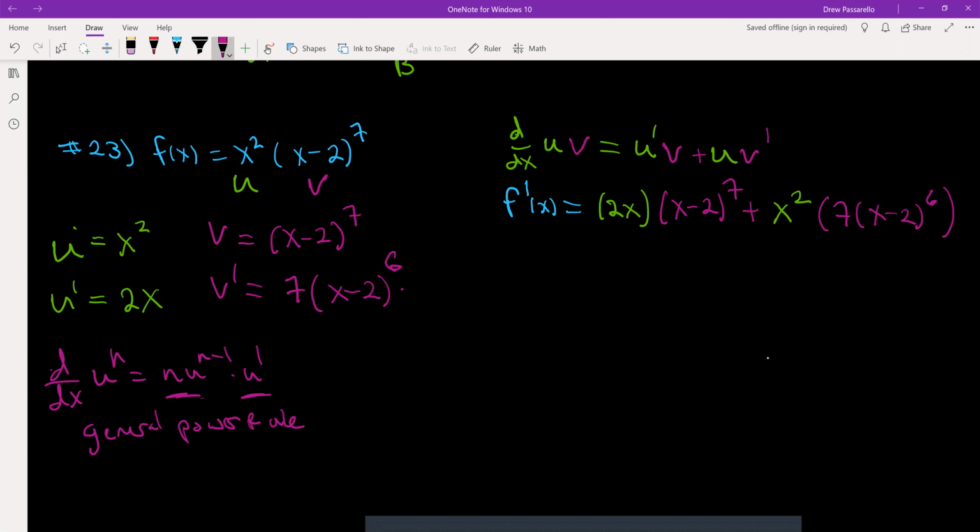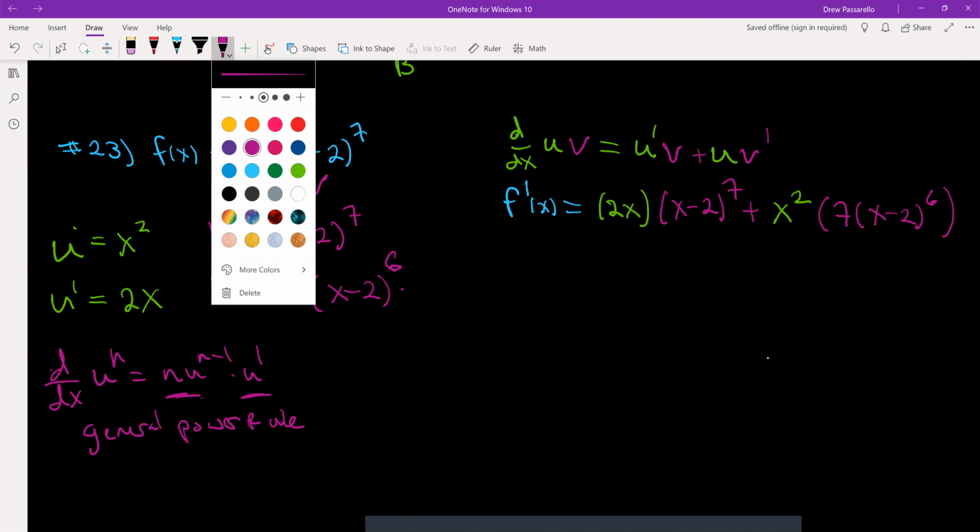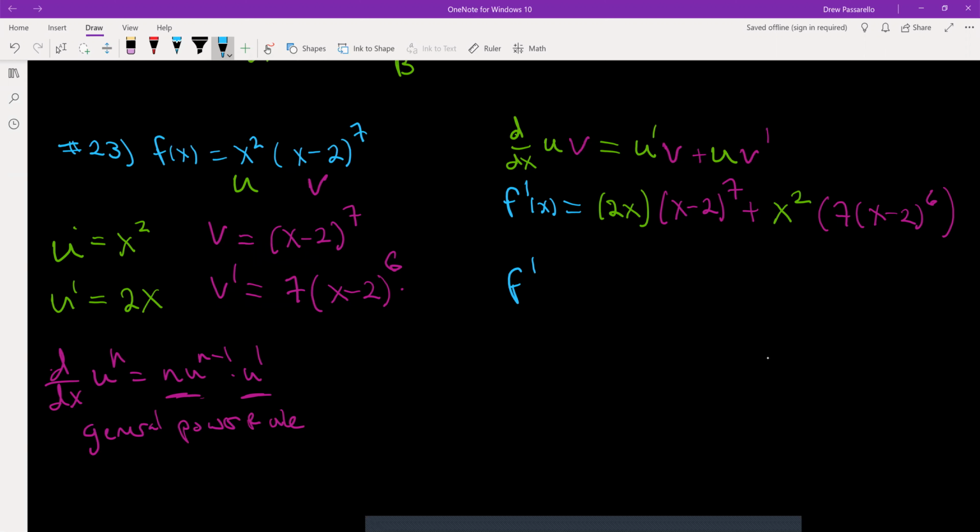All right, so I have f prime of x. I'm going to use a different color. All right, so we can do some simplifying as far as, actually first I'll just go ahead and write it and then do some factoring.